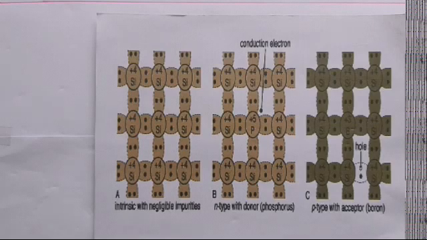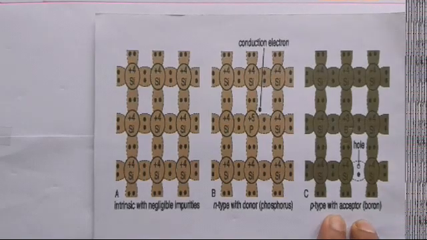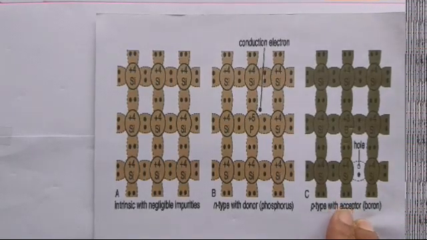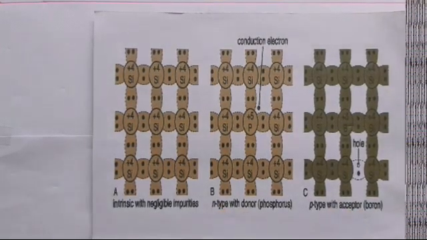This is what we have seen, and this forms n-type semiconductor. And in case any other type of electron deficient impurity is added, this type of semiconductor forms, which is p-type. This is also called electron deficient, and this is electron rich impurity.